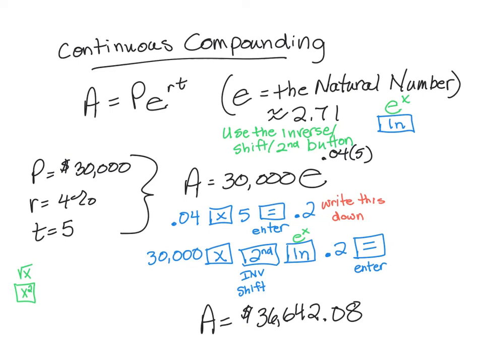Some calculators, you put in the function and then you hit the value. An old TI-30 or your iPhone, for instance, you're going to put in the value and then hit the function.